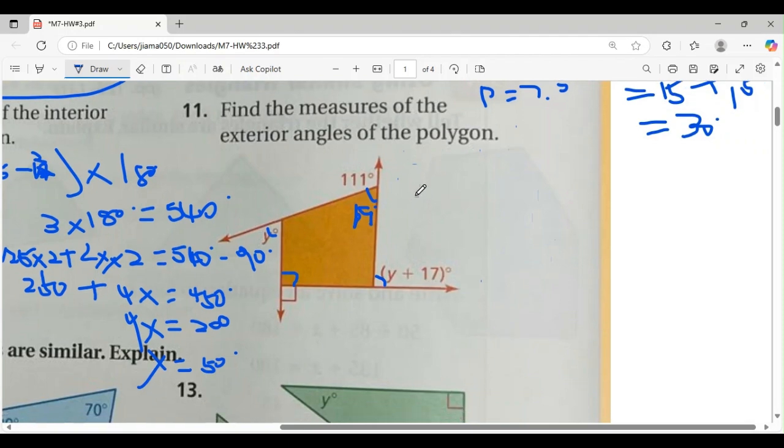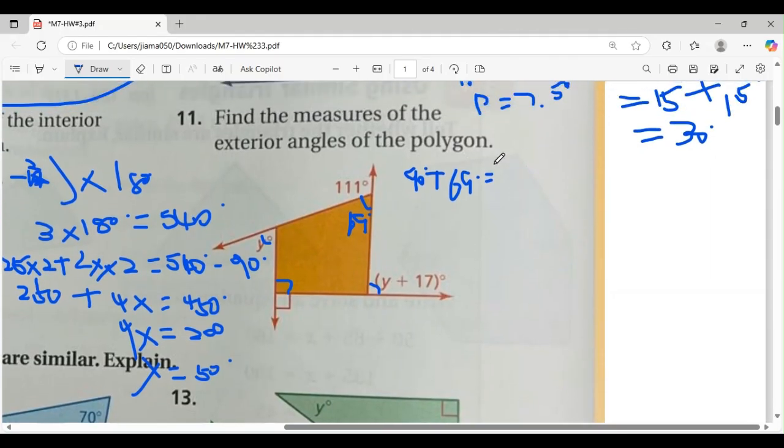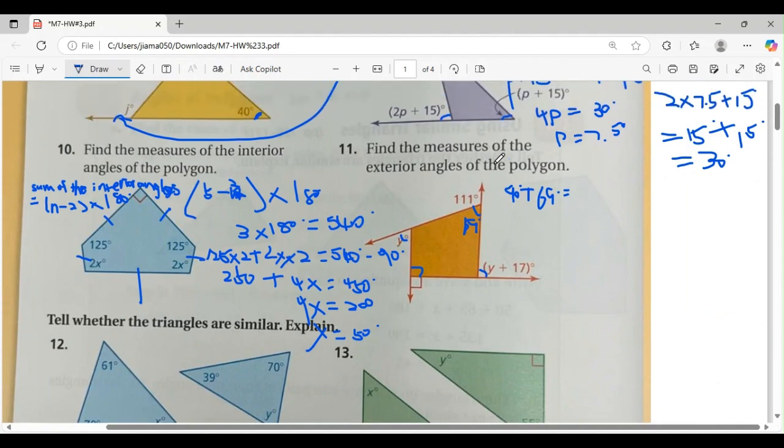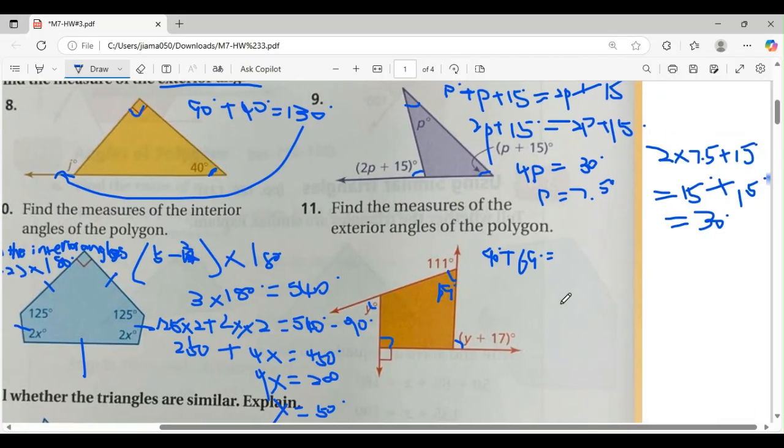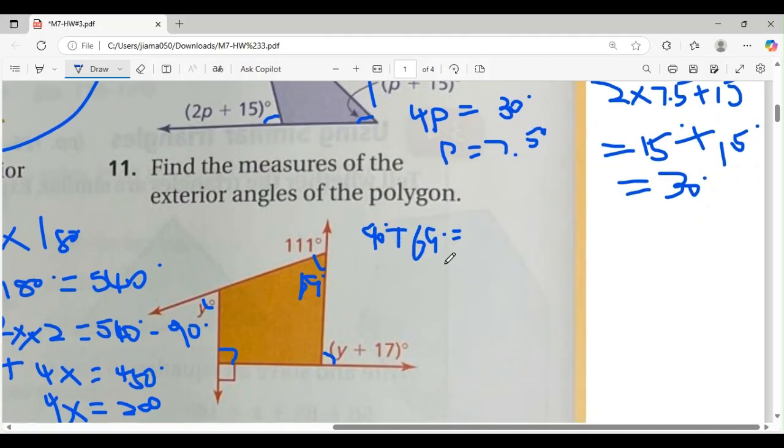So 90 degrees plus 69 degrees equals y degrees plus y plus 17 degrees. Okay.